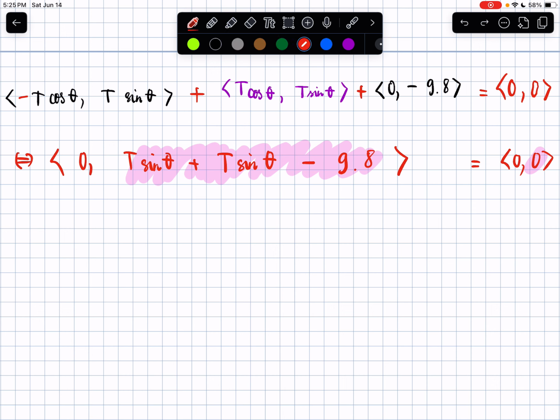So we have 2 times T times sine theta minus 9.8 equals 0.